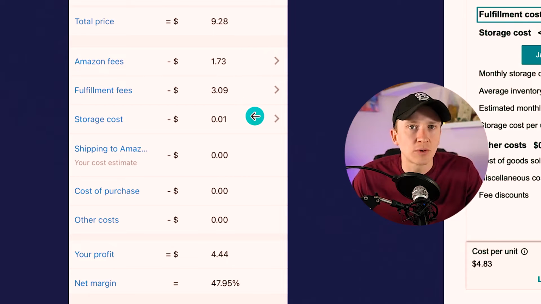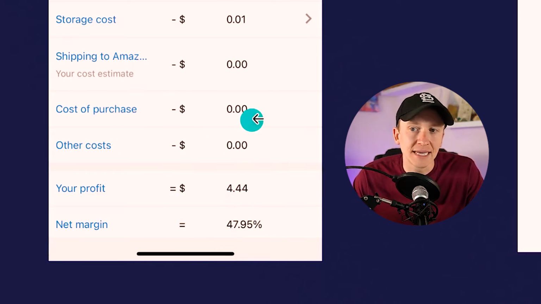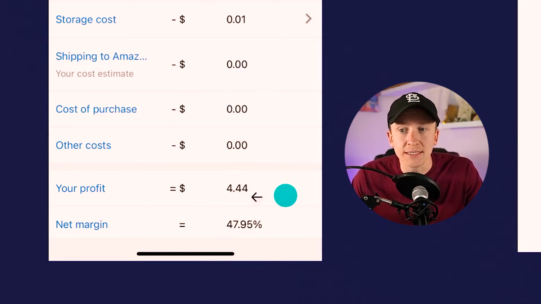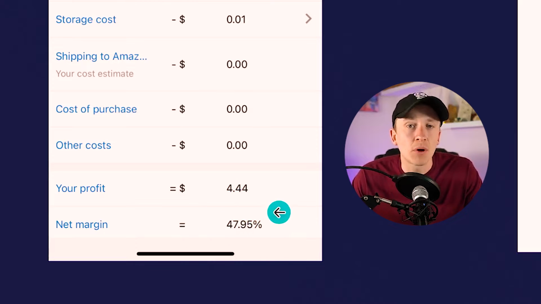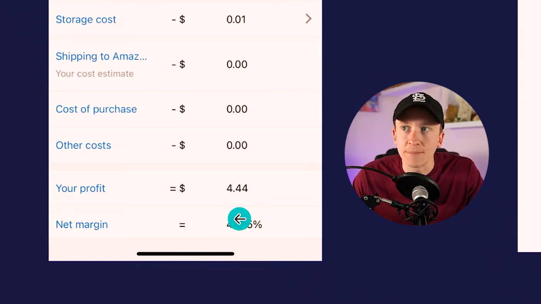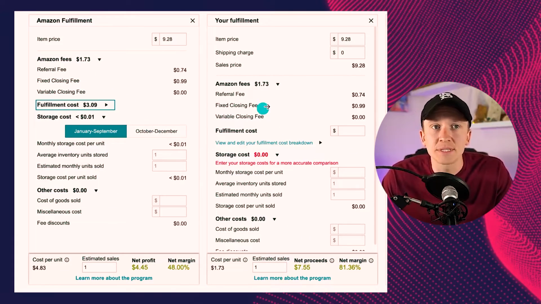And then Amazon's revenue calculator in their phone app, which is free with your Amazon account, comes down to a $4.44 profit. Again, these two things would then be subtracted out and you could see what your profitability is, and also your profit margin, not the return on investment, but your profit margin you could also see there. Now, if you're using the desktop side, you can see right here, this is what it looks like for Amazon fulfillment.